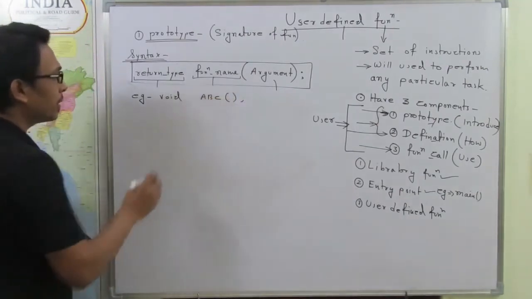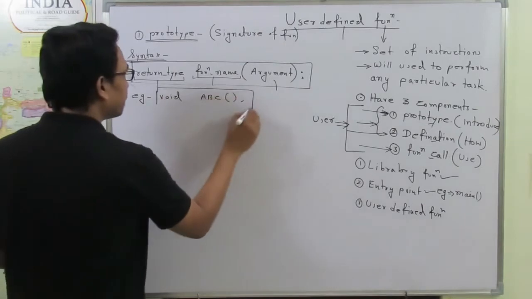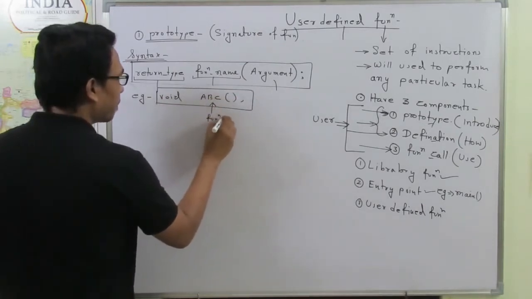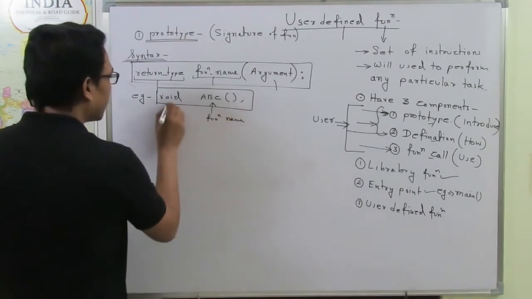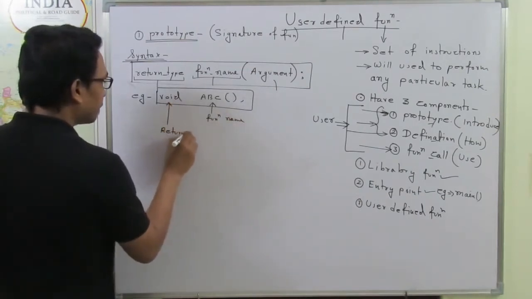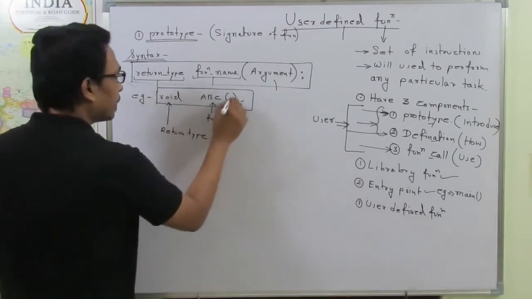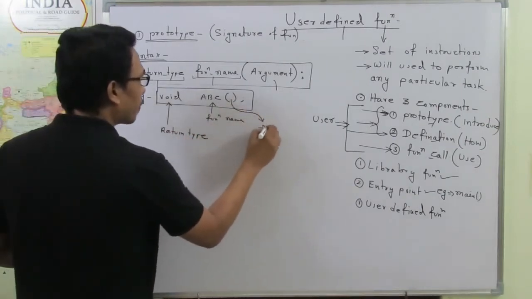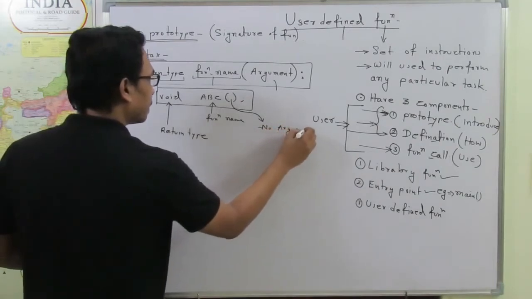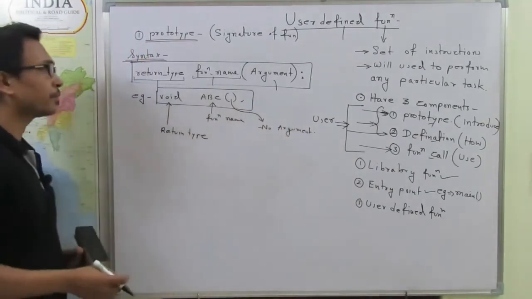What does it mean? This is our function name, this is our return type, and here is the argument, no argument. Clear?